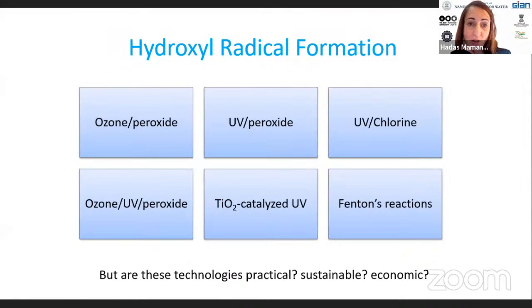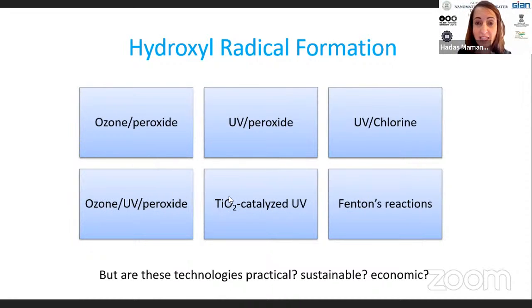The hydroxyl radical formation could be done with a combination of different technologies. So for example, we can combine ozone or ozone with hydrogen peroxide, which is termed peroxone, UV and hydrogen peroxide or UV peroxide, UV and chlorine, UV, ozone, hydrogen peroxide.